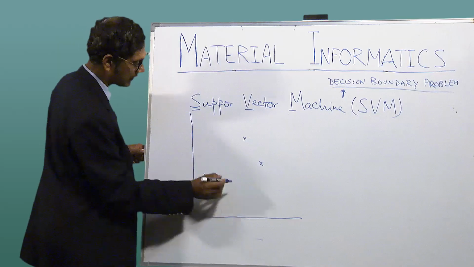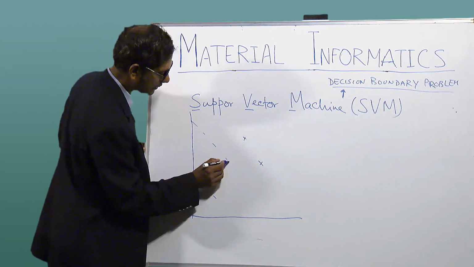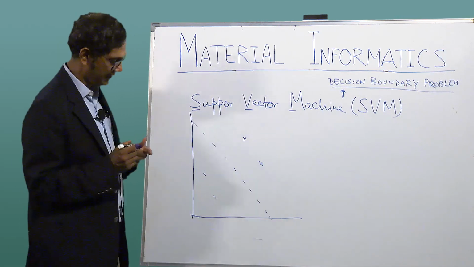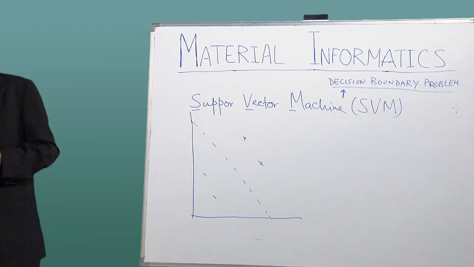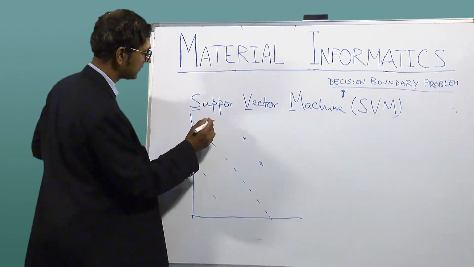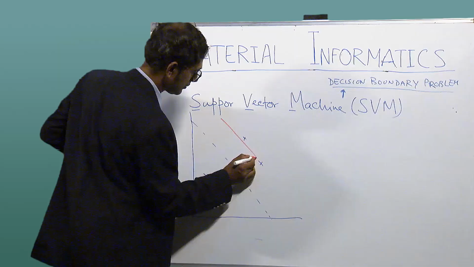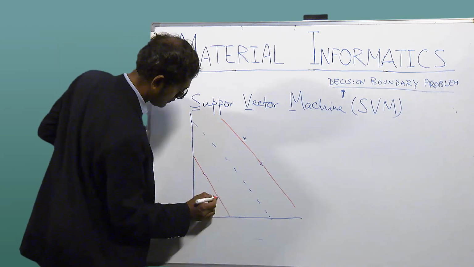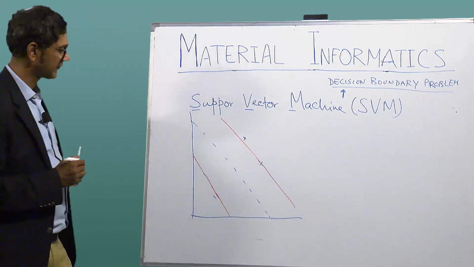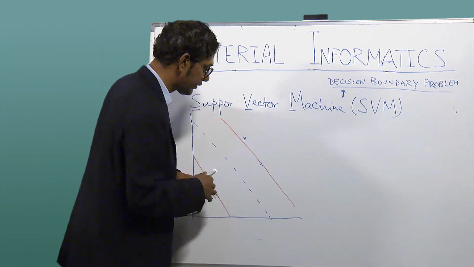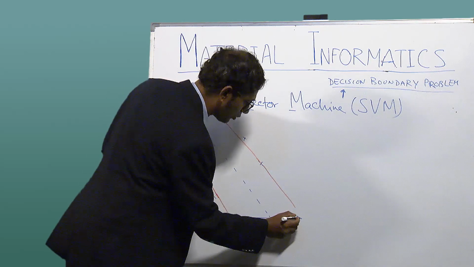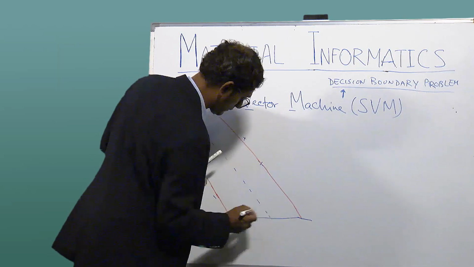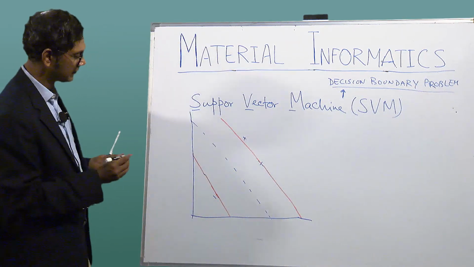And then I said let me first draw the center line, correct, you understand that, and then I will draw these lines. And I said that I need to maximize the width of this road. So how do I do that?